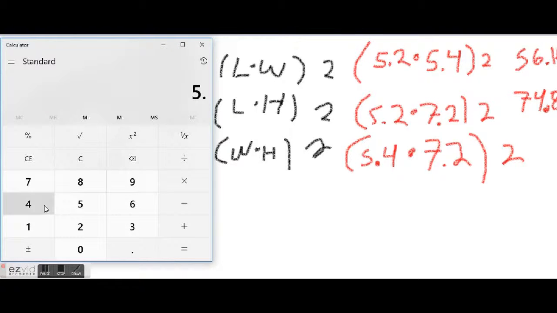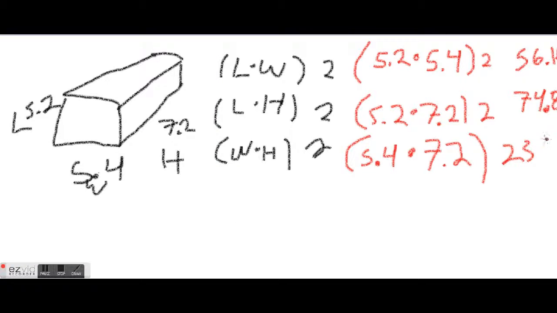Did I do that right? Let me do that again. We have 5.4 times 7.2. That seems wrong. 38.88. Can't really see it. Let me verify the middle one's right. 5.2 times 7.2.